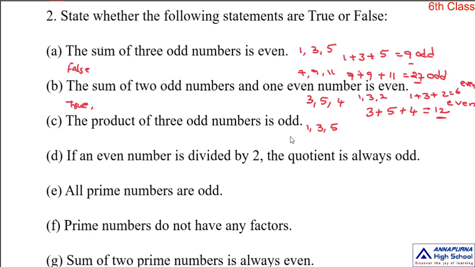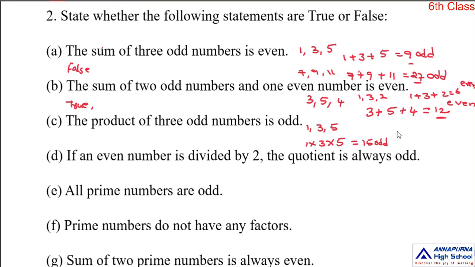Multiply them. We check the product. 1 into 3 into 5. 1 3s are 3. 3 5s are 15. This is an odd number. The product of three odd numbers is an odd number.